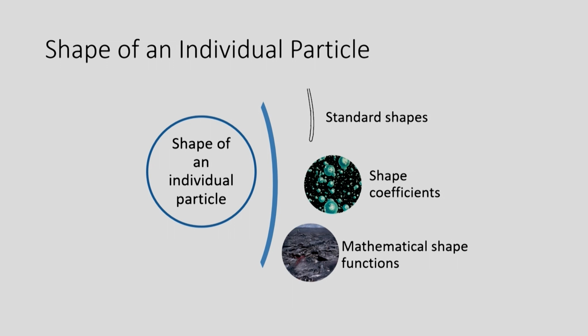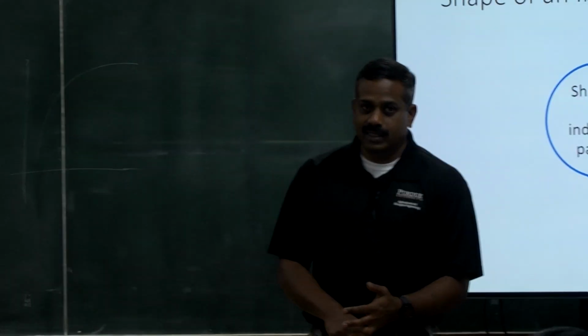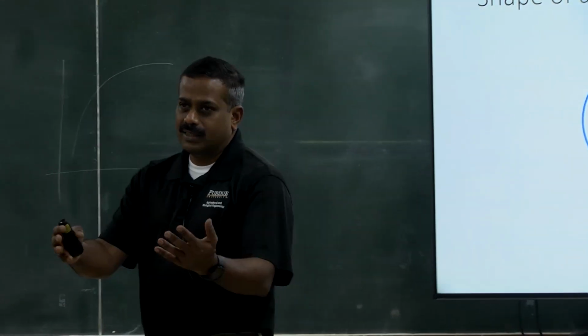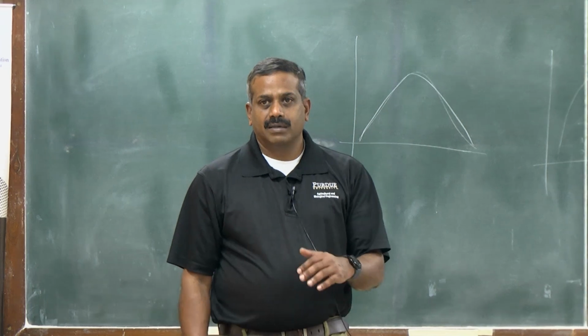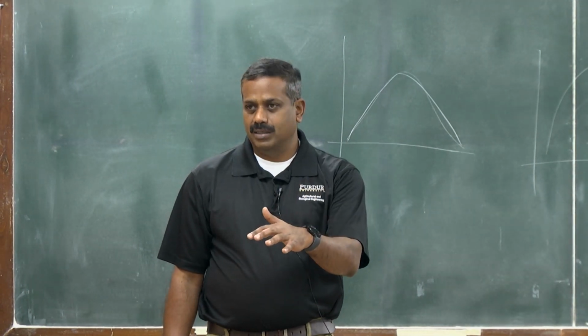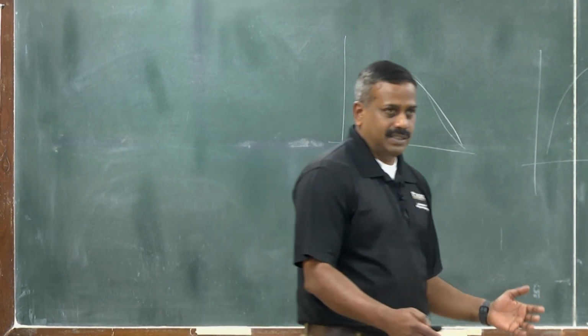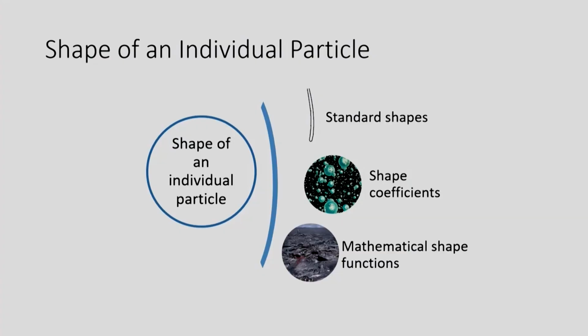What else? Roundness, okay. Roundness is more like a standard shape, right? Sphericity, roundness, etc. But the same parameters, if you use them as aspect ratio, circularity, etc., are again kind of shape coefficients, because their maximum value will be 1. It's a coefficient, so their values will range from 0 to 1, or 1 and above, depending on how you calculate. Okay.